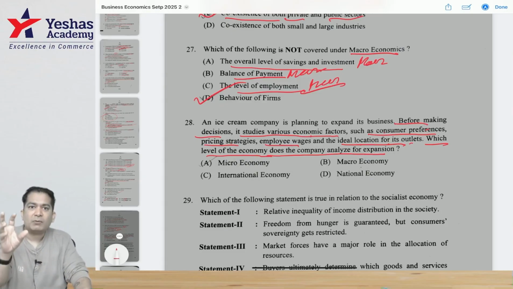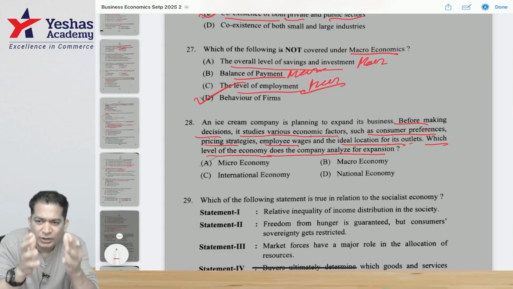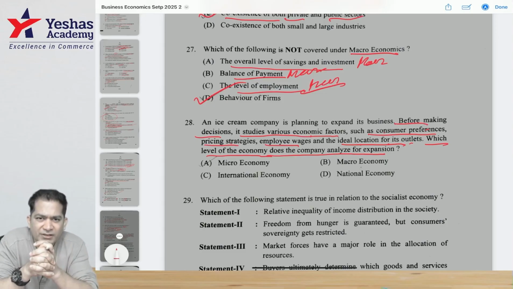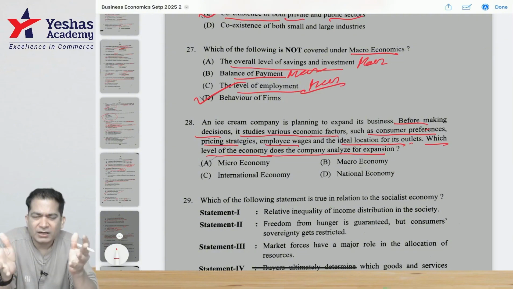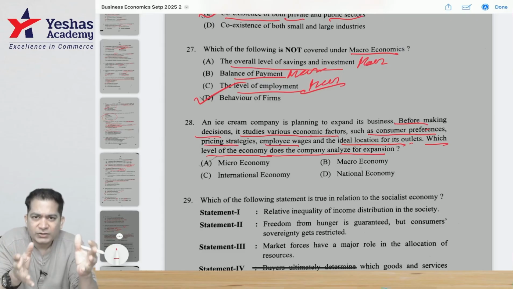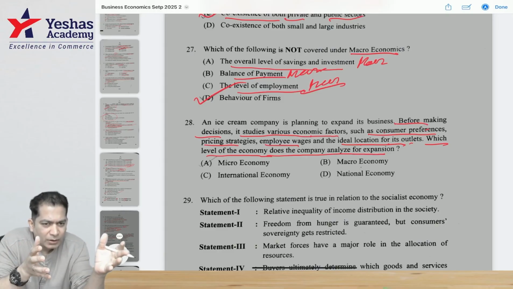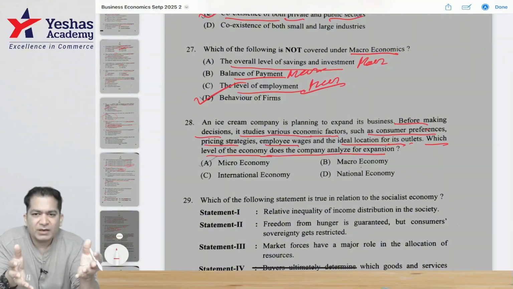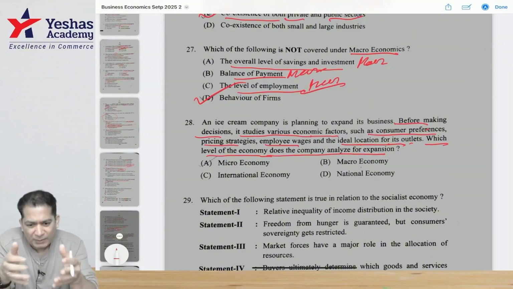So here you're talking about one sector, because if I'm going to sell ice cream, I'm not interested in the demand for refrigerators, air conditioners, or cars. In that particular area where I want to sell ice cream, I will try to figure out about the ice cream industry: how my competitors are doing, what is their profit margin, at what rate they are selling, how my product will be placed.